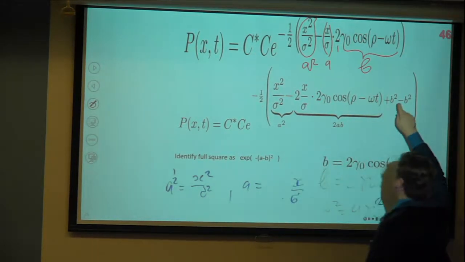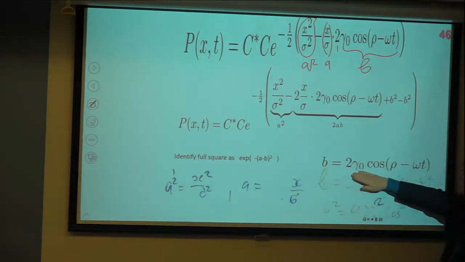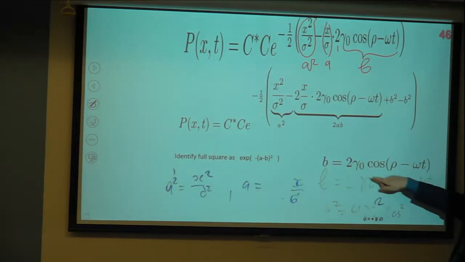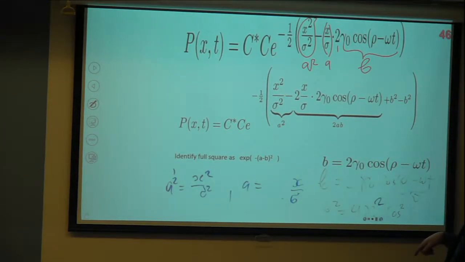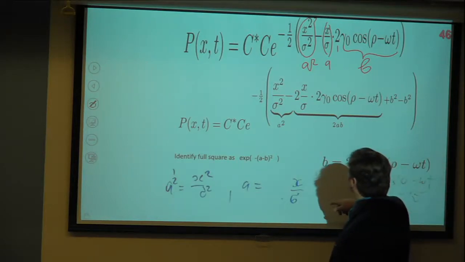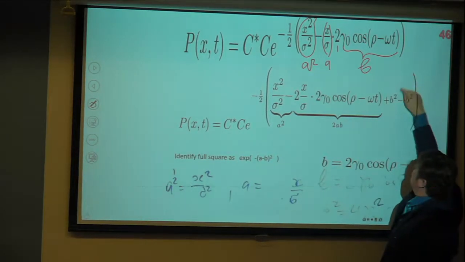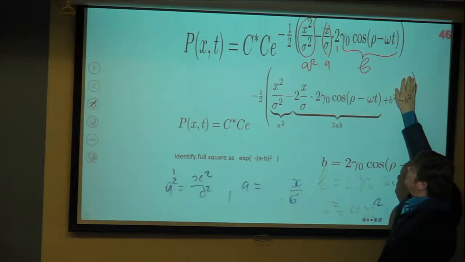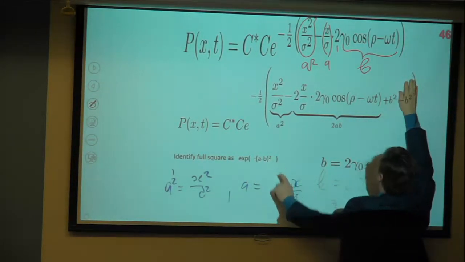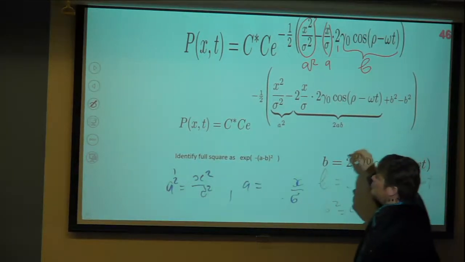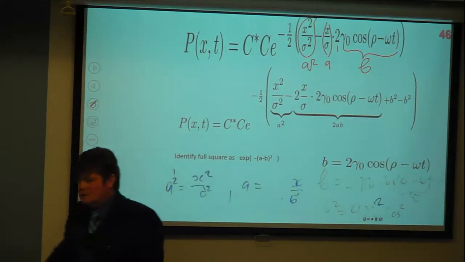So we may redefine a new variable as 2 times the initial amplitude times the cosine of the accumulation phase. And then this part, except this minus b, will complete into a minus b squared. And this term will come into the definition of the normalization.